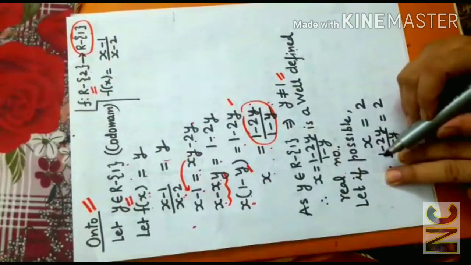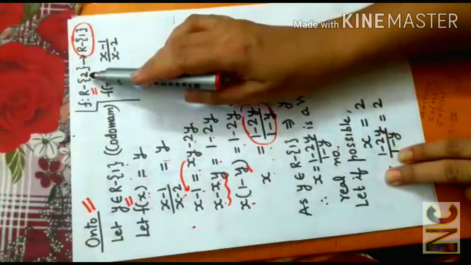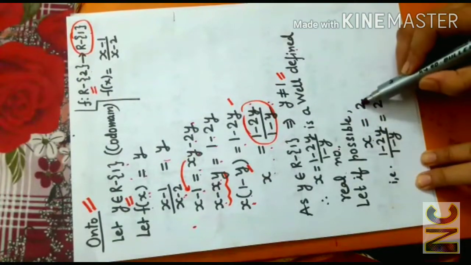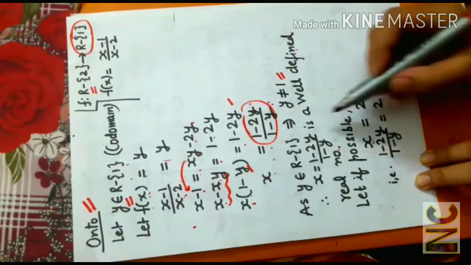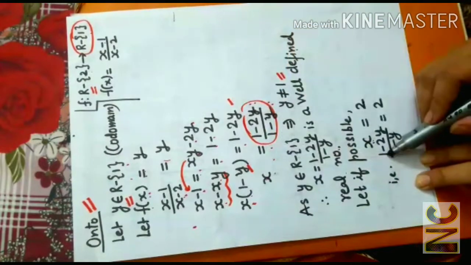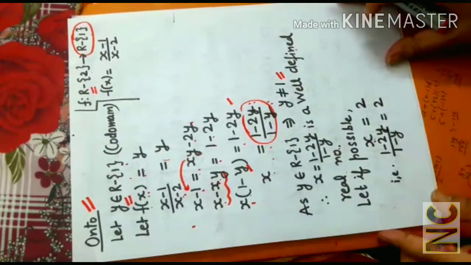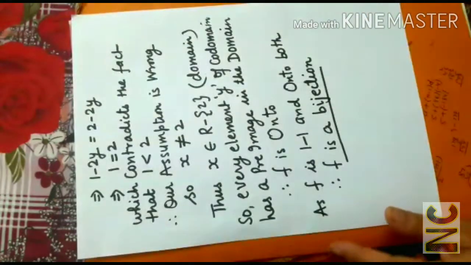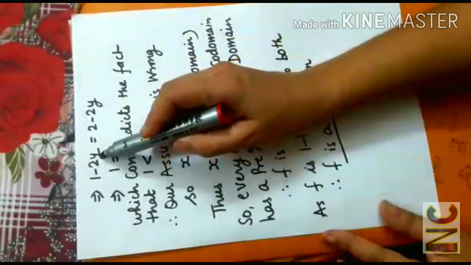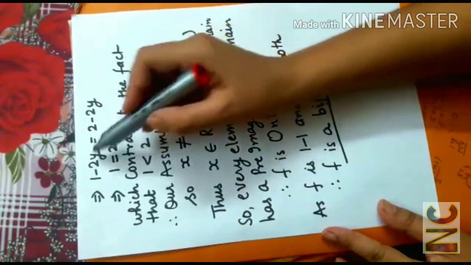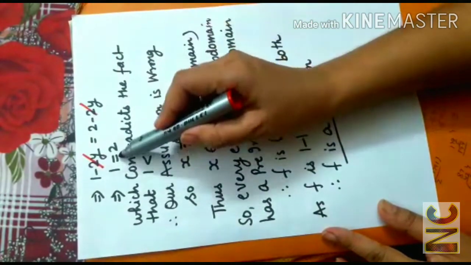Now I have to show that this x cannot be equal to 2. So let, if possible, x be equal to 2. x means this number. So (1 minus 2y) over (1 minus y) is equal to 2. This would imply 1 minus 2y is equal to 2 minus 2y, and that will give you 1 equals 2.